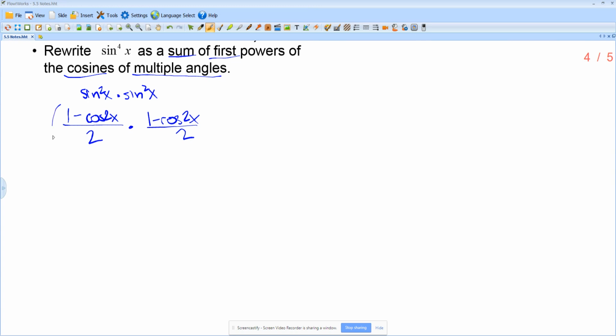And what I'm going to do now is multiply these two things together. In the denominator, I'm going to get 4. In the numerator, I'm going to FOIL this. So 1 times 1. The negative cosine 2x and negative cosine 2x will give me negative 2 cosine 2x. And negative cosine 2x times negative cosine 2x is going to give me a positive cosine squared of 2x.